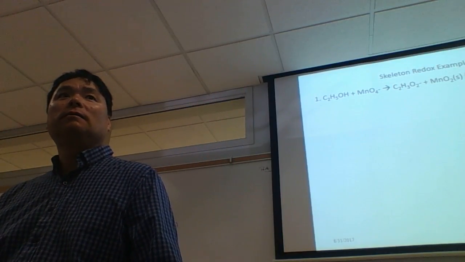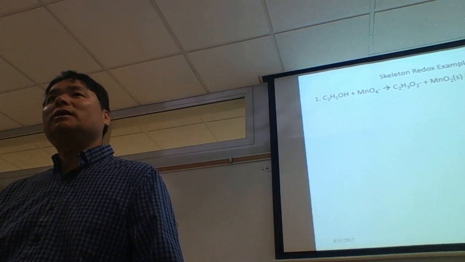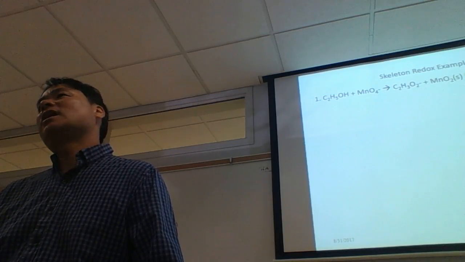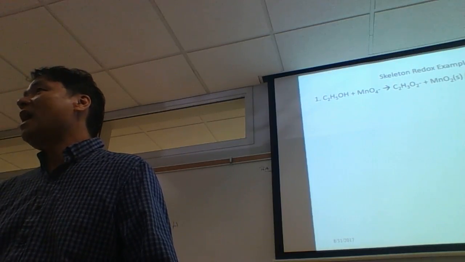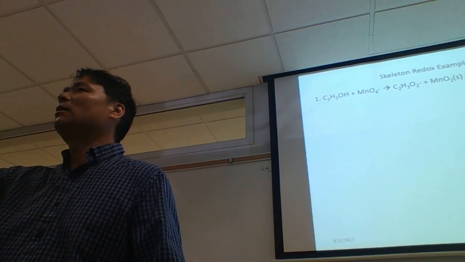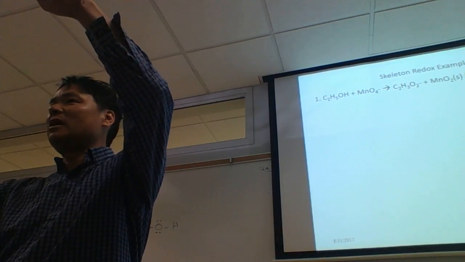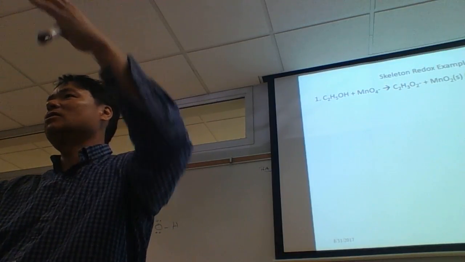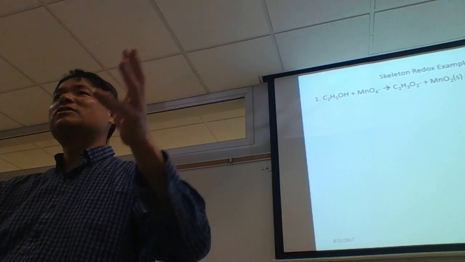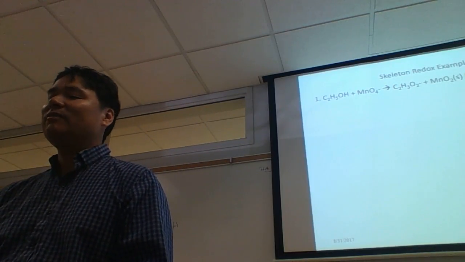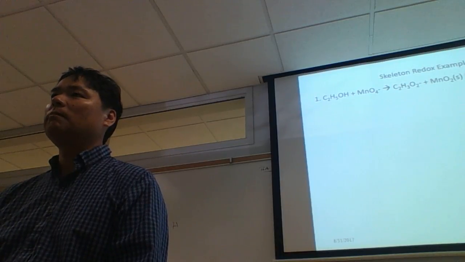If I told you the average bond energy of an oxygen-hydrogen bond is 436 kilojoules per mole, that's the average. Well, what's the low end of that average? What's the high end of that average? Do you have any idea? No idea. You have no idea what the spread is, right? What the individual measurements are. And so when we have the average, we kind of lose that.